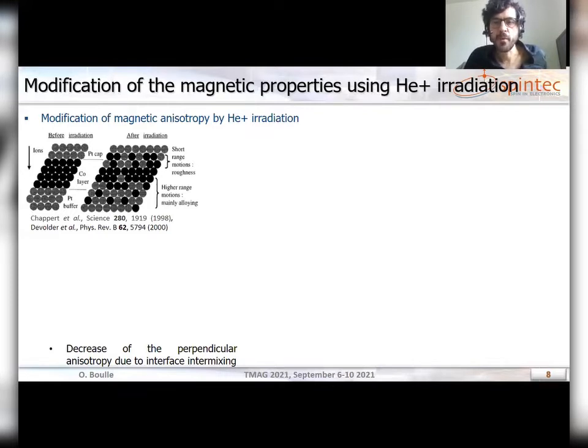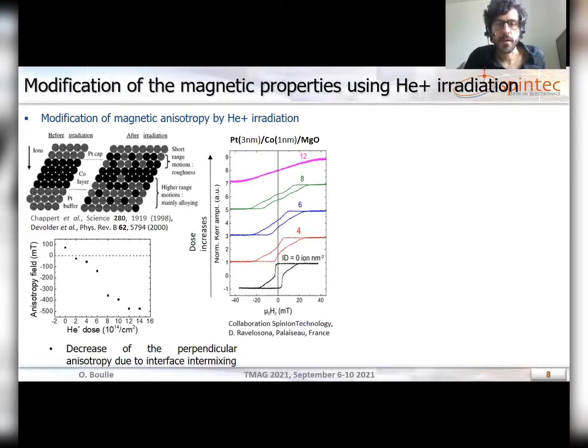We observe that in our platinum-cobalt-MgO film, the helium irradiation leads to a decrease of the perpendicular magnetic anisotropy, and the larger the dose, the larger the decrease. You can see here on the right side that increasing the dose leads to a progressive bending of the hysteresis loop, illustrating the decrease of the perpendicular magnetic anisotropy. For larger doses, the magnetization goes in the thin plane.